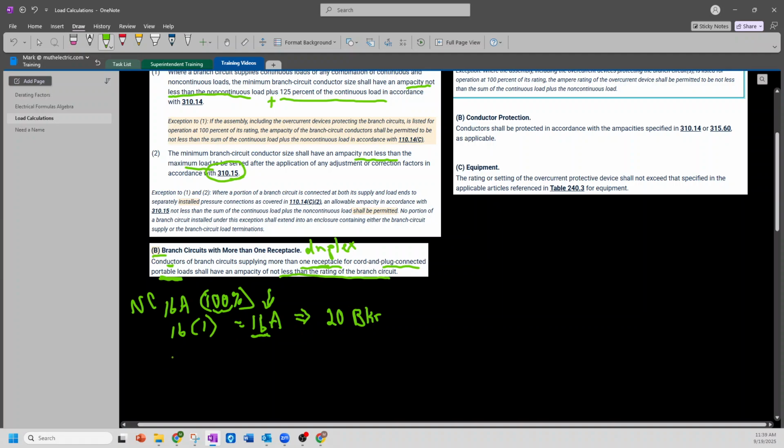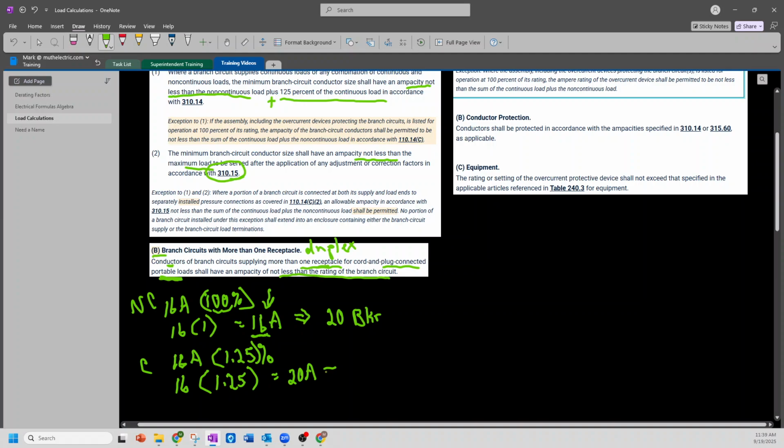Okay, now let's do continuous load. We got a 16 amp load. We're going to multiply it by 125%. We move the decimal over 2 places, so we get our 1.25. We multiply it out, and we get a 20 amp load for our conductor. So we need a number 12.